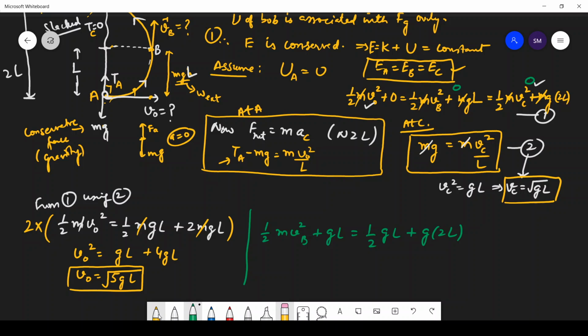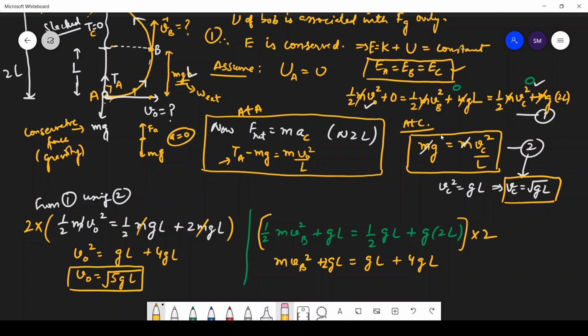So you can multiply both sides of this equation by 2. What do we get? VB square plus 2GL, right, is equals to, so this 2 will cancel out, only GL plus 4GL. So this is 5GL minus 2GL will be 3GL.